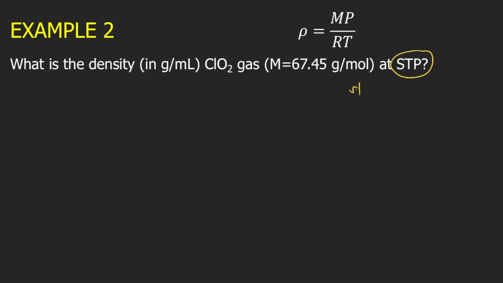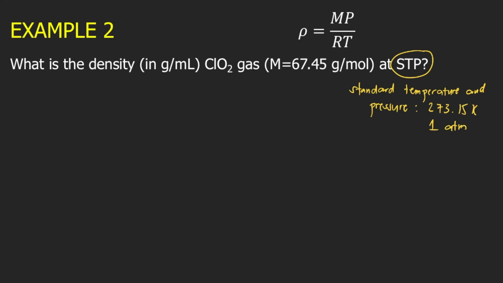STP means standard temperature and pressure. And the value for the standard temperature is 273.15 Kelvin. And the value for the standard pressure is 1 atm.